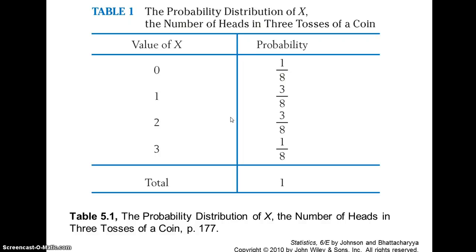Suppose we do this experiment: we toss the coin 3 times. So the first experiment we do, I toss the coin 3 times, and I record the number of heads I get.